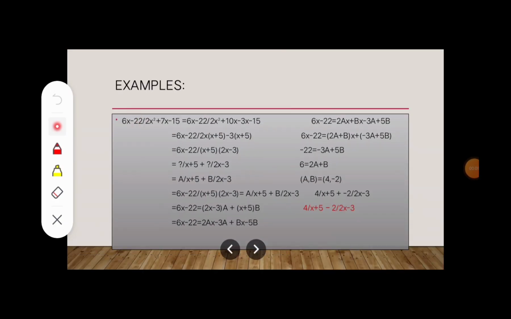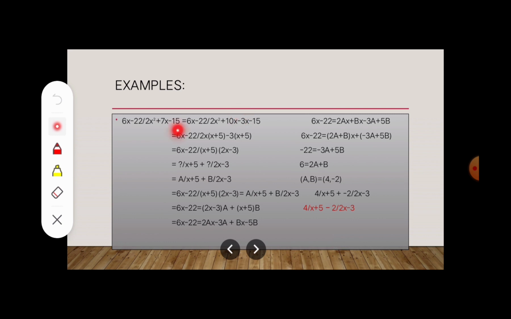Example number 1. 6x minus 22 all over 2x squared plus 7x minus 15. So write 7x as a difference. So we have 6x minus 22 all over 2x squared plus 10x minus 3x minus 15. And factor out 2x from the expression and factor out 3 from the expression.